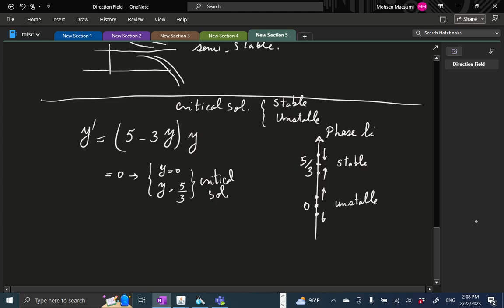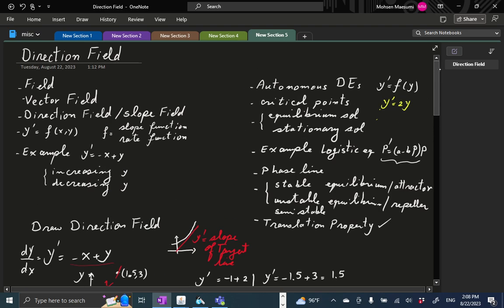The phase line is a small part of something much bigger we might look at later on, the phase plane, but this is just a phase line for the equation that we had. So let's go back. What did we learn?